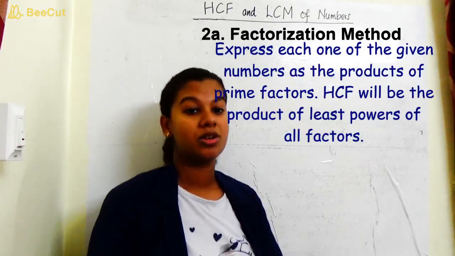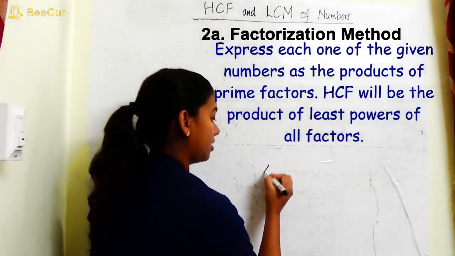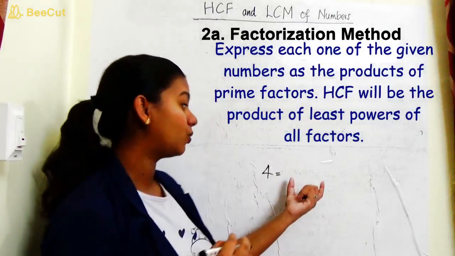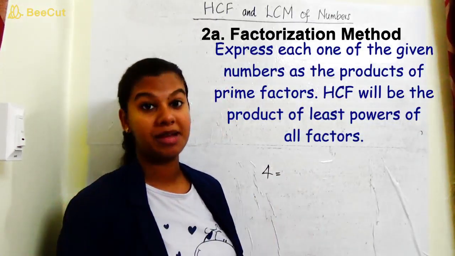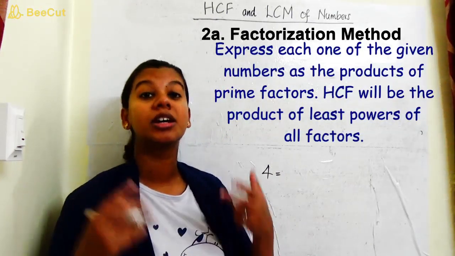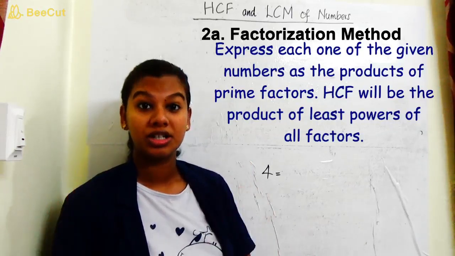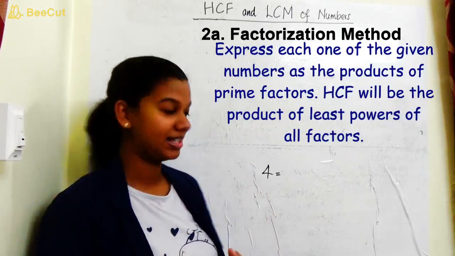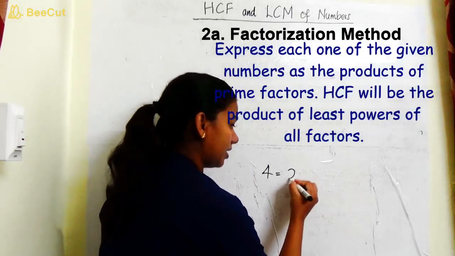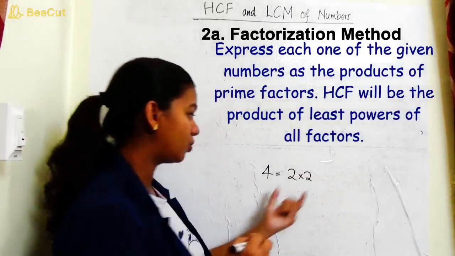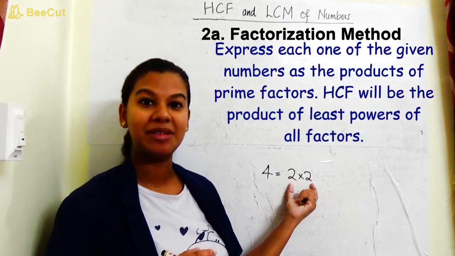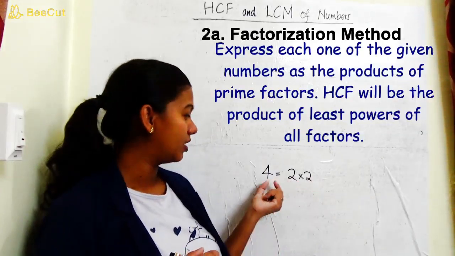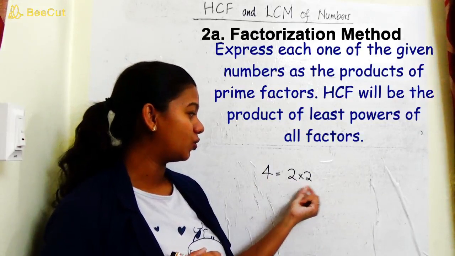For example, if I write 4, I have to express this 4 as a product of prime numbers. Prime numbers are 2, 3, 5, 7, etc. So 4 can be written as 2 into 2. I must mention it as a product of prime factors.